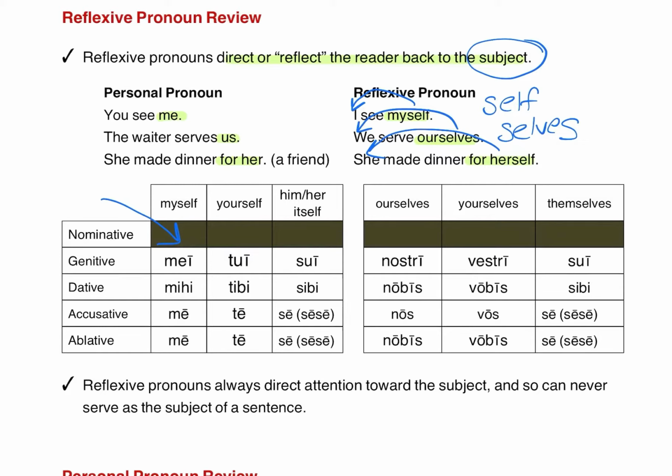That doesn't make any sense. You cannot use myself or yourself or himself as a subject. Only I or you, he, she, it, or they can be a subject. So if I said Eric and myself made the baby cry, that's not proper English. I can only say Eric and I made the baby cry.